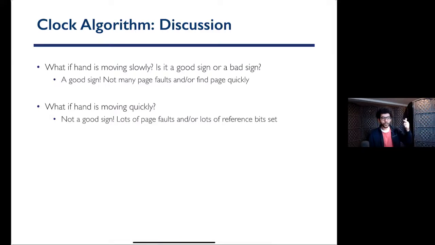If it is moving slowly, this means that the system is good. I'm not having a lot of page faults. So this is a good indicator of how good the performance is. Because if you have a lot of page faults, that means that the performance is going to suffer, right? We discussed all the costs that come with demand paging.